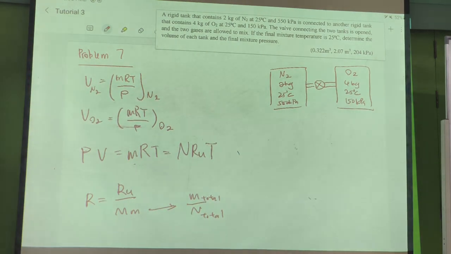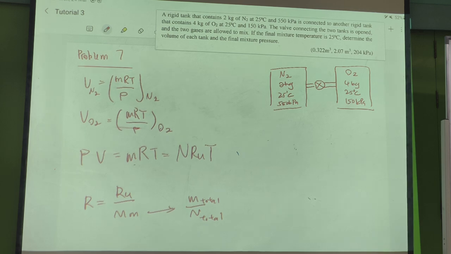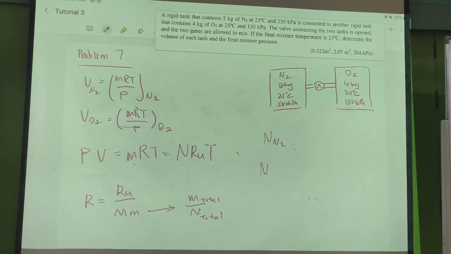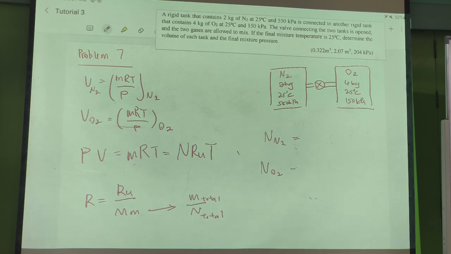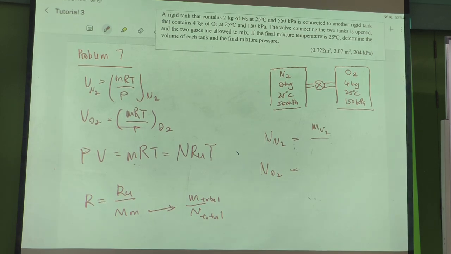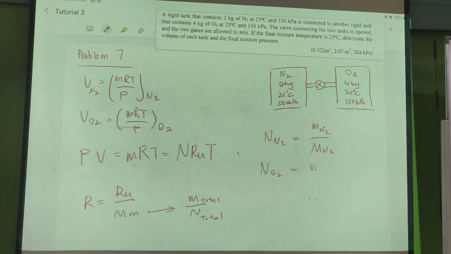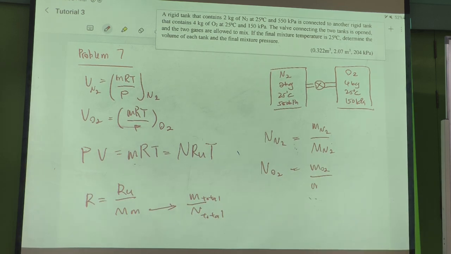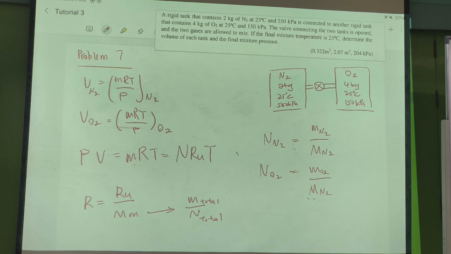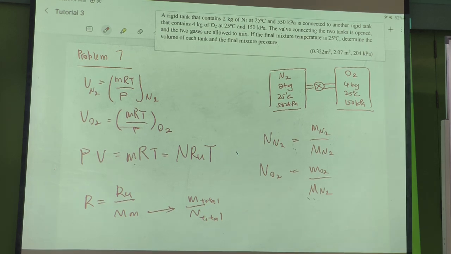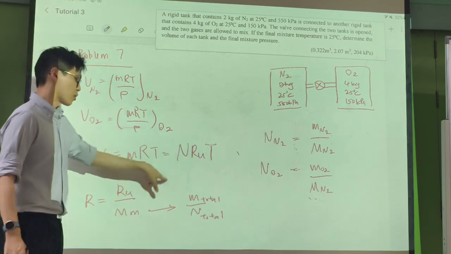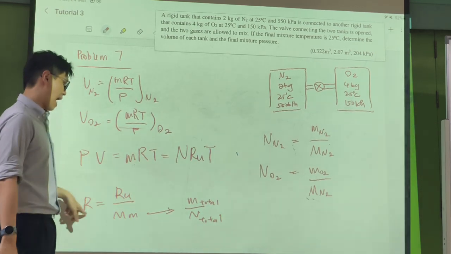So what you need to do is find n of N2 and n of O2. This one is just mN2 over the molar mass. This one also the same thing. Once you found the individual mole, just sum the total mole either into this one, or you use it to find the R, then sum into this one.